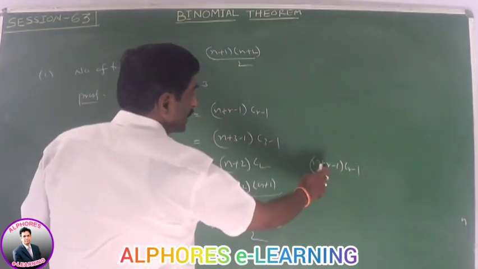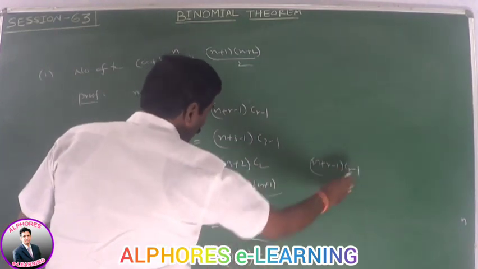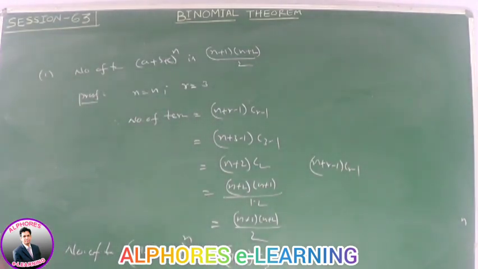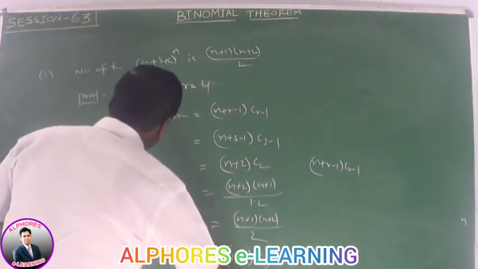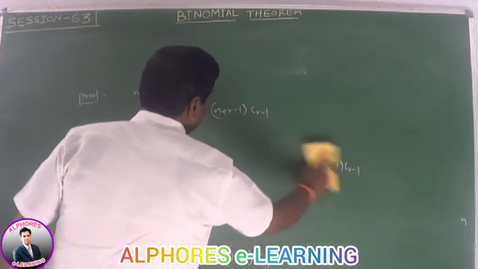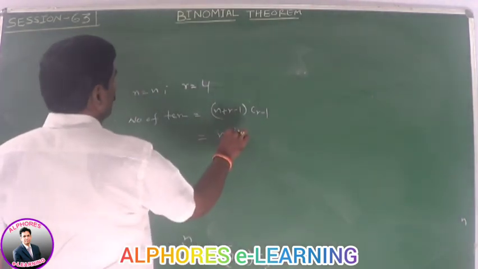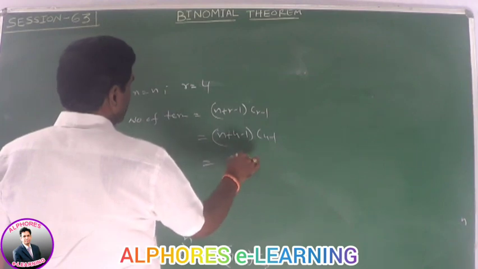That means n plus 4 minus 1, that is n plus 3 c, 4 minus 1 means 3. n plus 3 c 3. Please note that value and also the proof. Here n is equal to n, r is equal to 4. So number of terms is n plus r minus 1 c r minus 1. That is equal to n plus 4 minus 1 c 4 minus 1. That is equal to n plus 3 c 3.